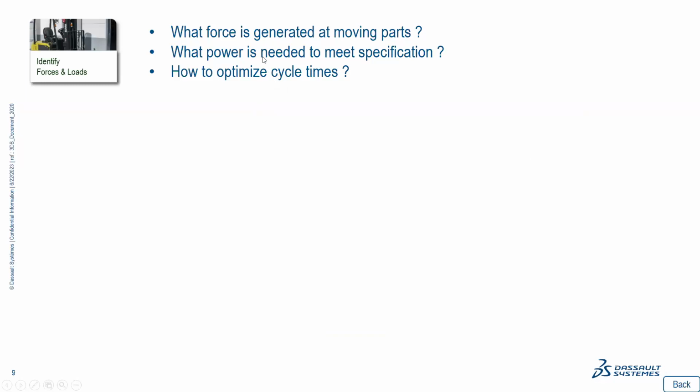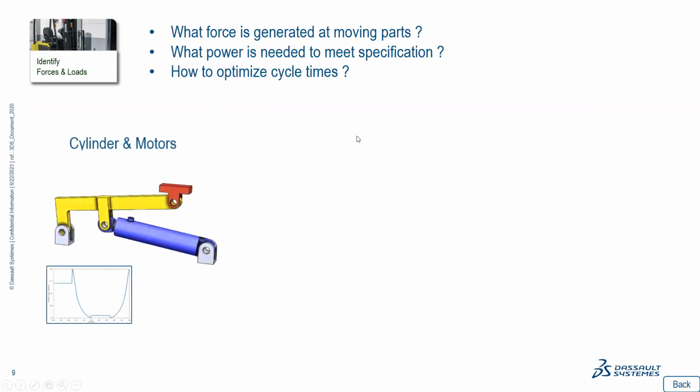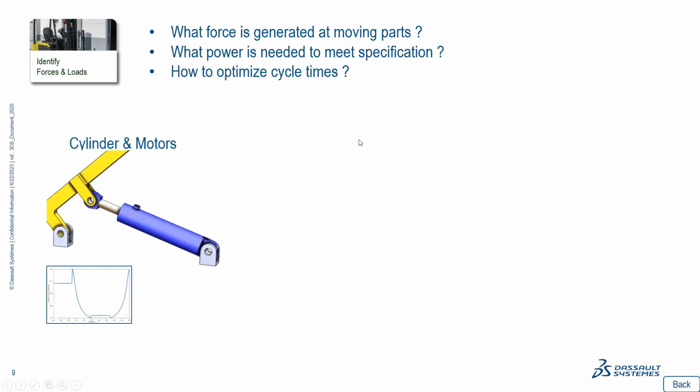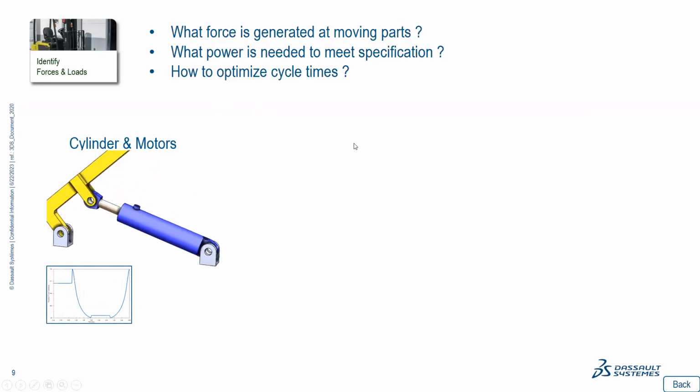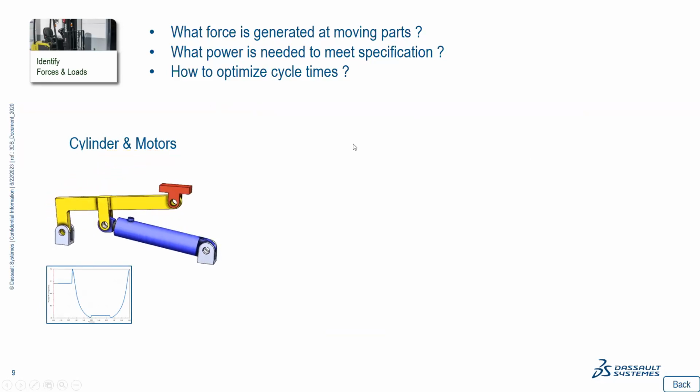Okay. So first of all, when we're building, creating, or developing a new design with an assembly with a lot of moving parts, the first question we can have is, because this part is moving, what will be the force needed, for example, to move it?